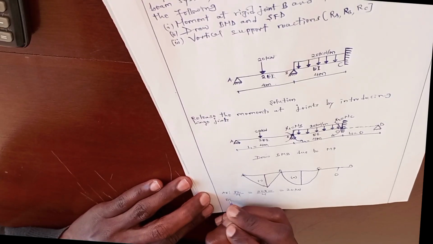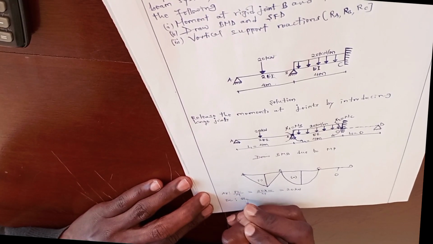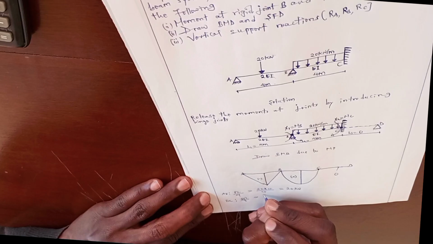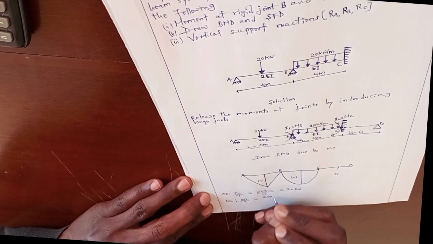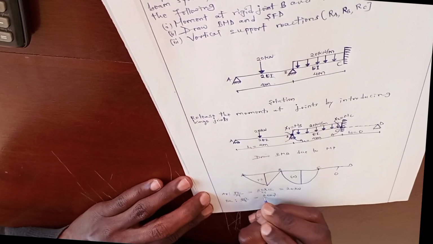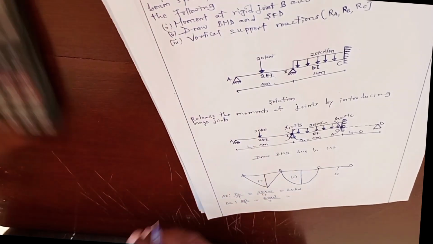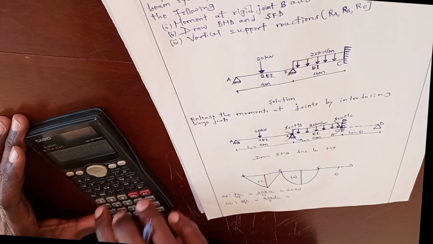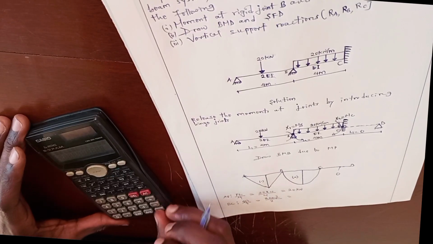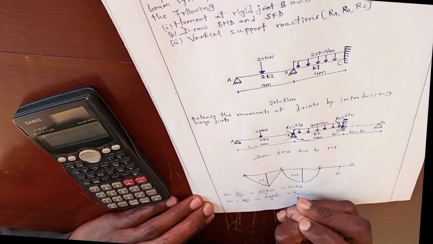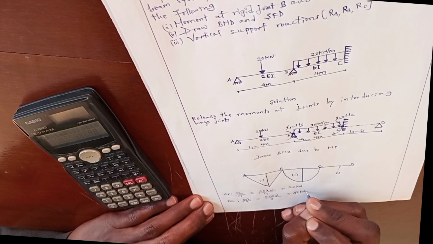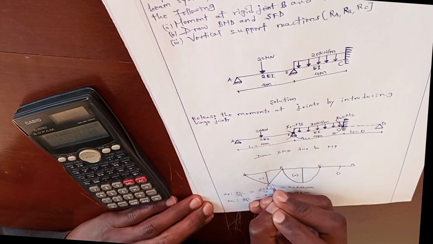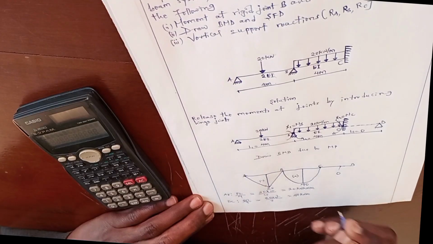For member BC, it will be equal to QL square over 8, which is equal to 20 times L square, 4 square over 8. It will be equal to 40 kilonewton meter. This is 20. This is 40.